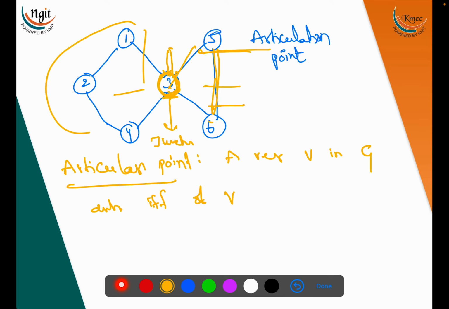So 3 is a junction. If I wanted to visit vertex 5, I have to go via 3 and again come back via 3. So you cannot visit one vertex two times. It's only for a single time. Hence a Hamiltonian cycle is not possible with articulation points.